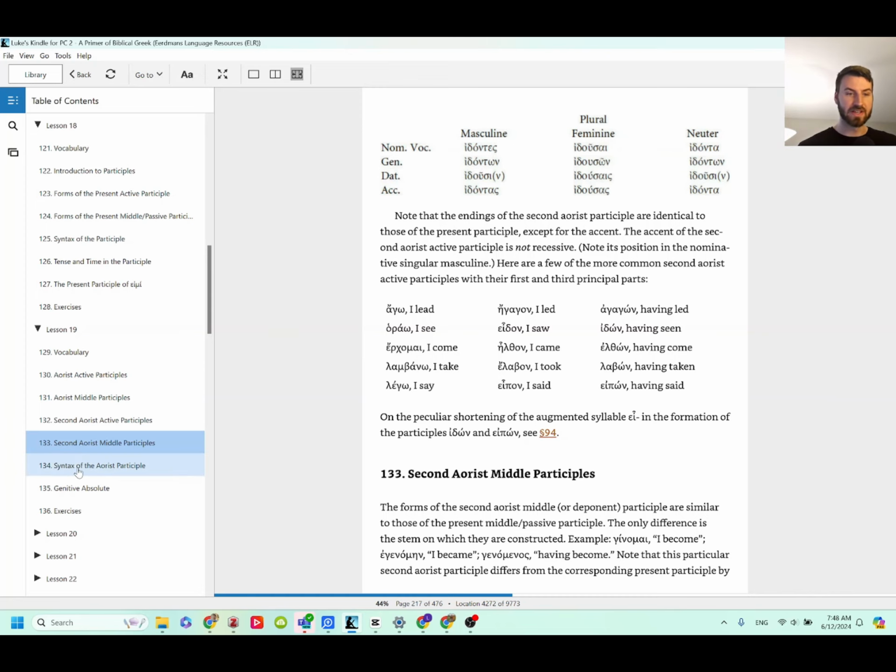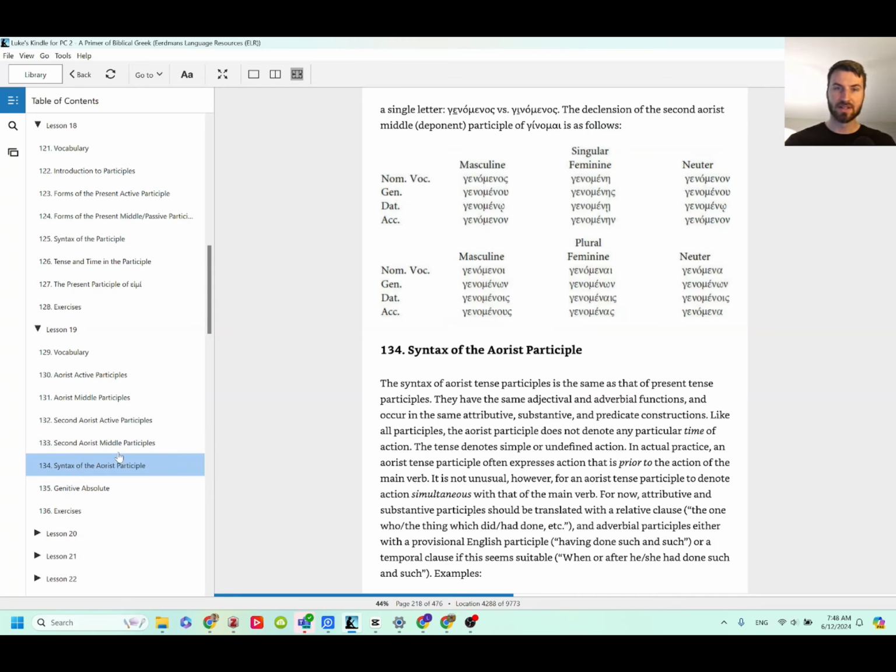The newest thing that you'll have to learn is the syntax. We talked about how it uses the perfective aspect, and so it often will have the sequence. Not always. This will get more complicated later on, and as we read more examples, you'll start to see just how the aorist participle works.